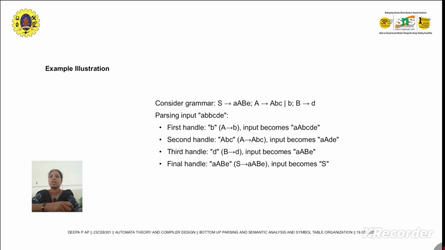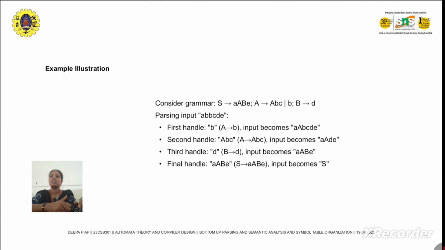Now the string becomes a, A, b, c, d. We identify a, b, c as the handle using the rule A produces abc, and we reduce it into A. Now the string becomes a, A, d, e. Then we identify the handles following the grammar's production rules.